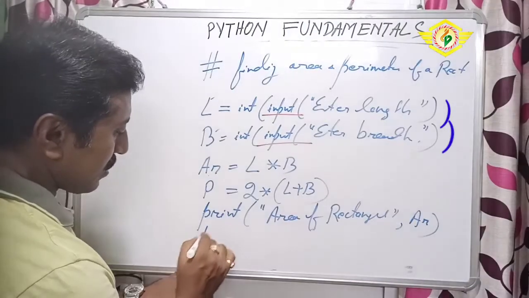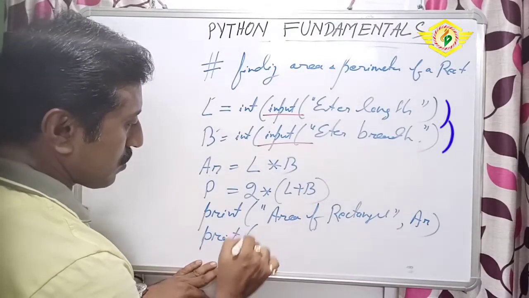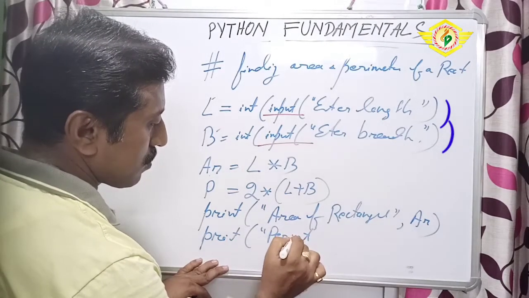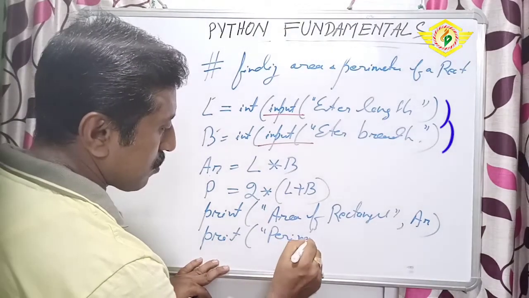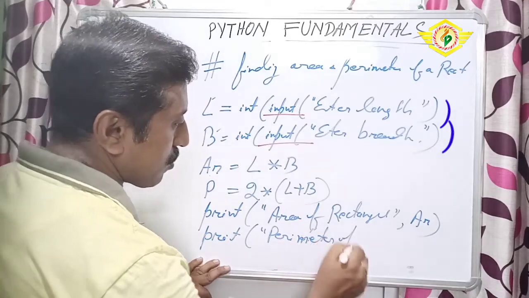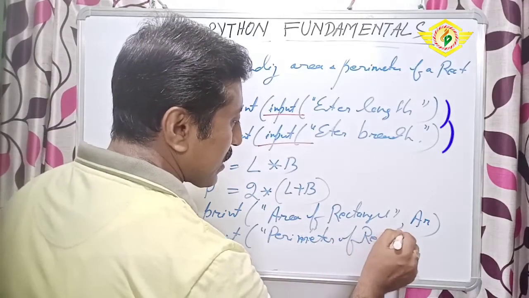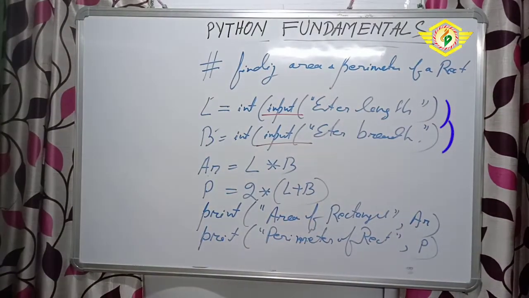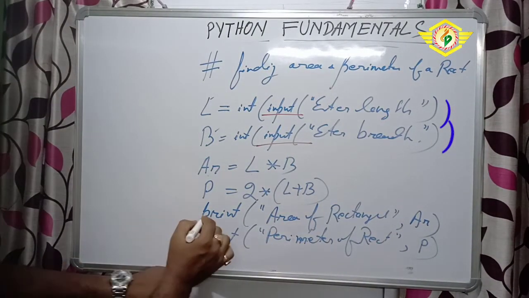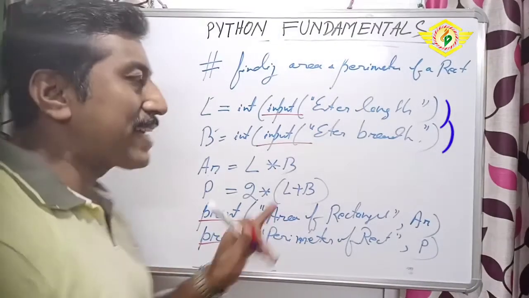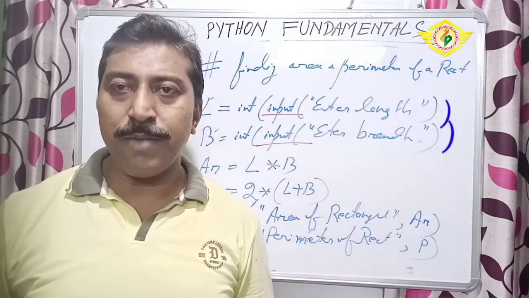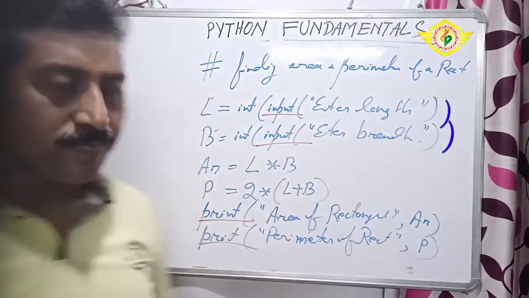Then write print, perimeter of a rectangle comma P. Okay, so in this way we can use the input and print statements. I'll execute the same program on the computer in the practical, and I'll show you how to type and how to execute also.